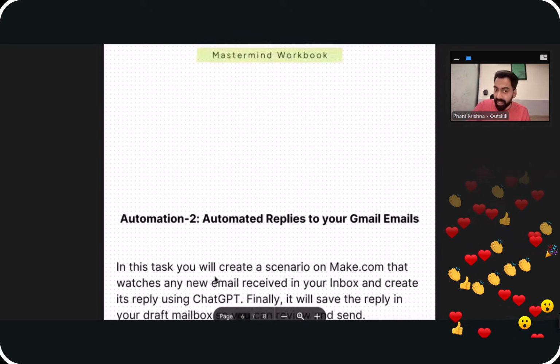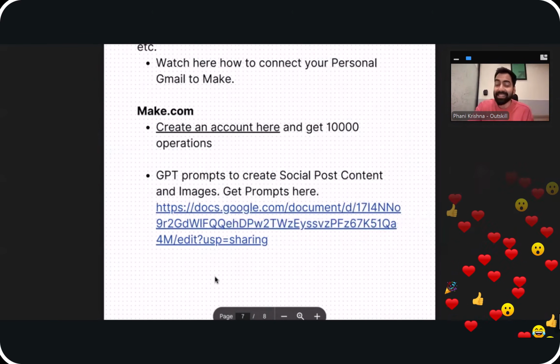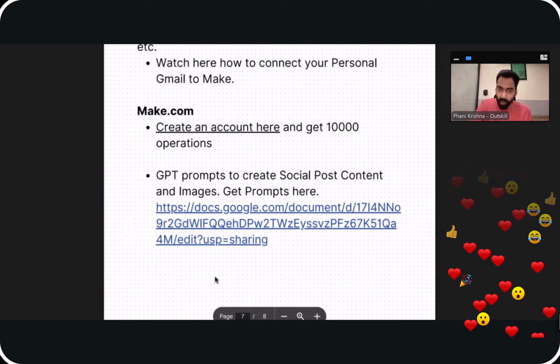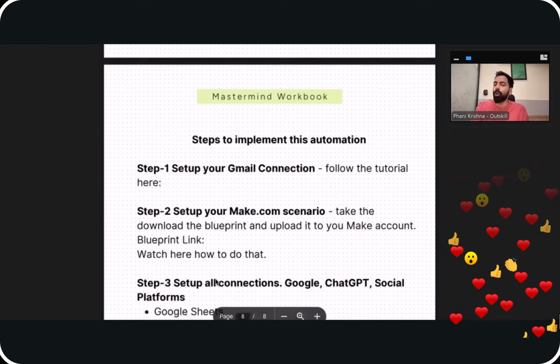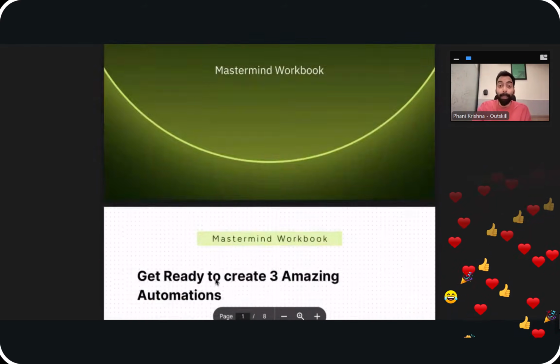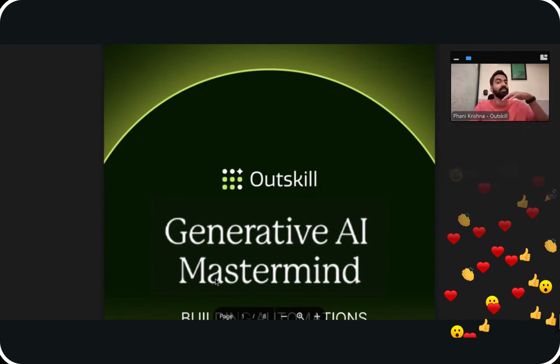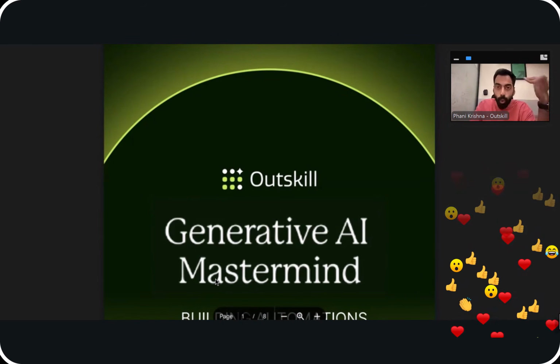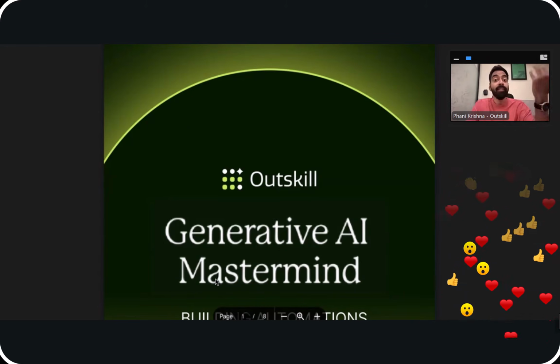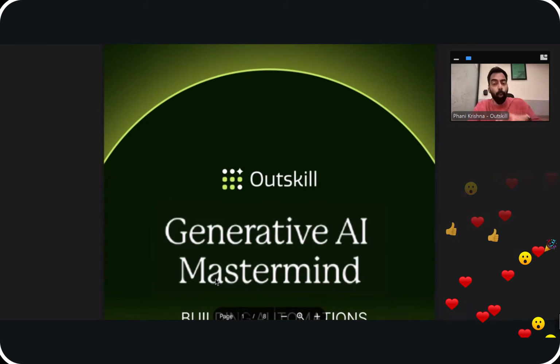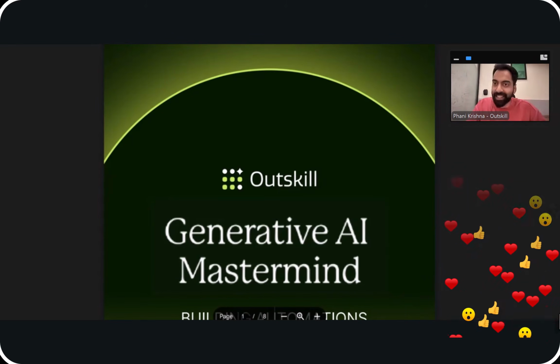So this workbook has 3 different automation scenarios. And because I don't want all of you to rush to complete this entire workbook, there is no submission as well. You do this practice for yourself so that you get hands-on and can build these automations later on as well.